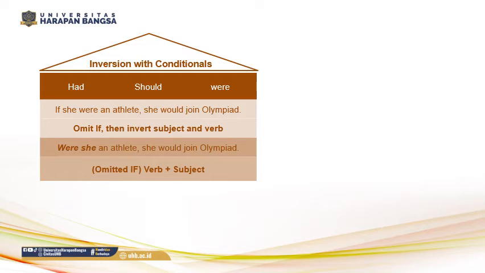This is the conditional sentence. For the inversion, we can omit or delete if and then invert subject and verb. So the inversion will be, were she an athlete, she would join Olympiad. So in the if clause, the pattern will be verb followed by subject.